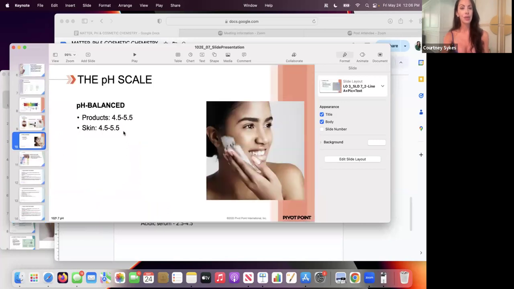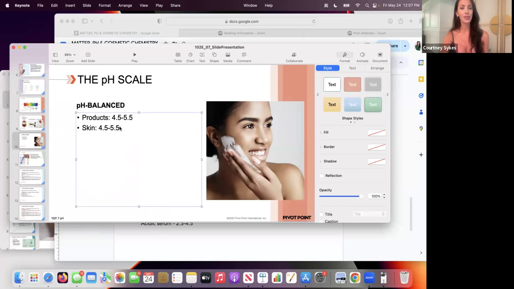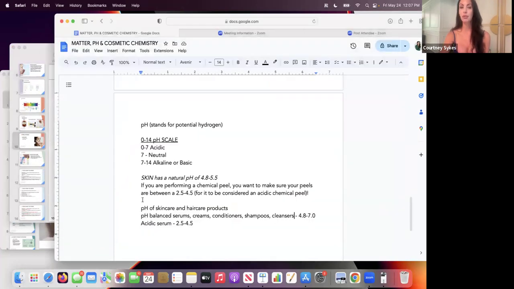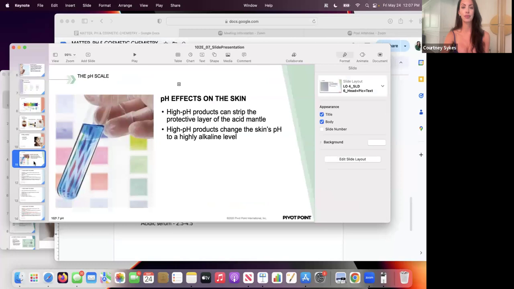Okay, this goes on to tell you, of course, 4.5 to 5.5 is what they mention here for the skin, but 4.8 to 5.5 is what some other textbooks will say too. And then your products that are pH balanced around the skin pH, of course, would be that same sort of route there. Okay, my notes right here are a little bit more specific, so follow along there.